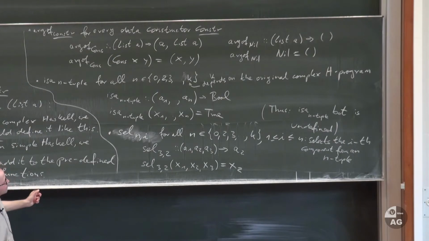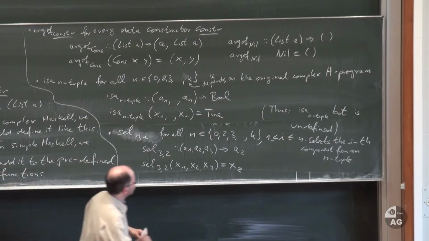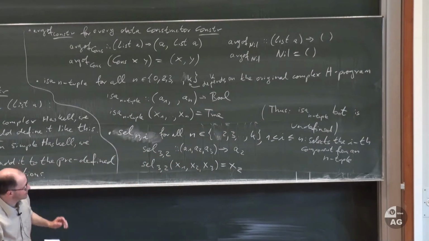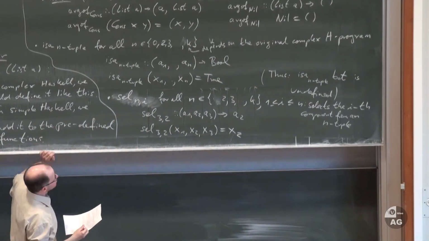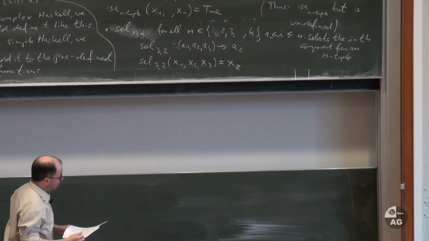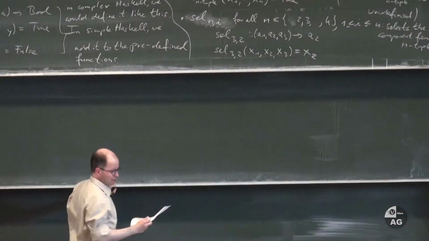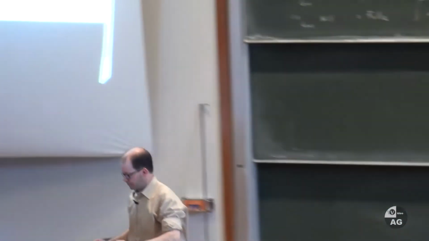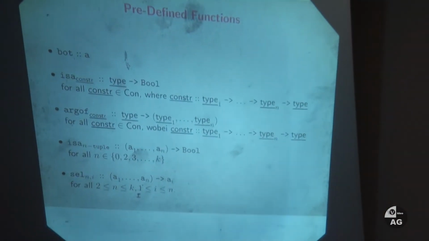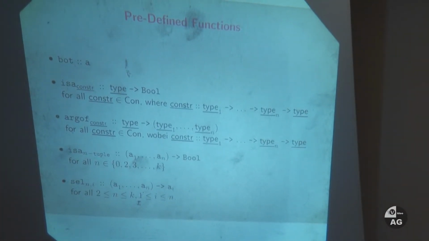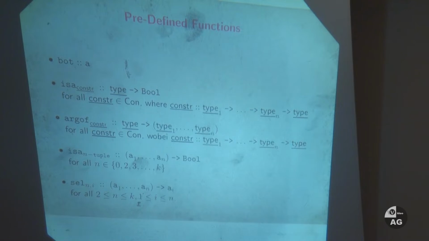So if you want, I can also remove this, and that doesn't change anything. Okay. You're right. Okay, so these are the predefined functions. I have them also on the slides over here. Indeed, on the slide I also decided to start with n greater or equal to 2, so this was a good remark.